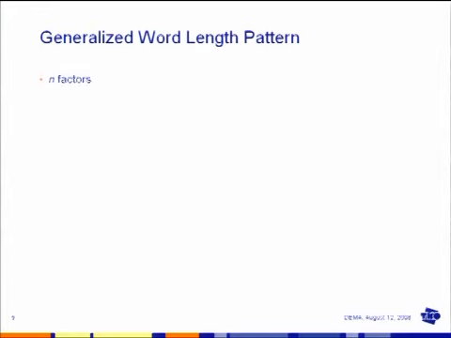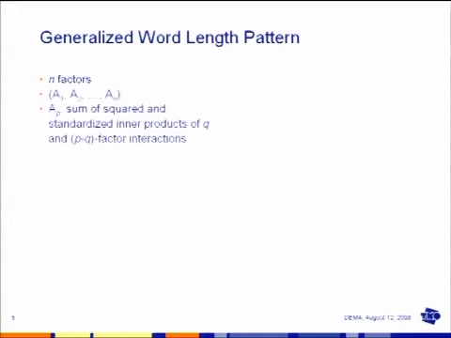Suppose that the array has n factors, then the generalized word length pattern is a vector of length n, and the pth element of this vector is the sum of squared and standardized inner products of a q factor and a p minus q factor interaction.